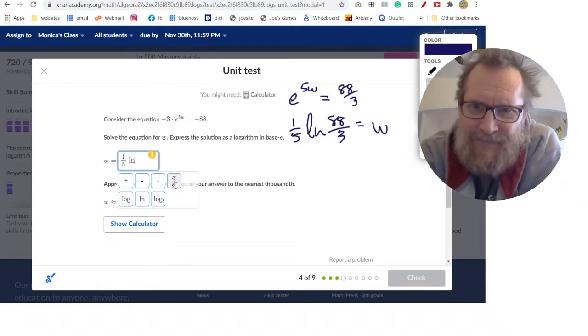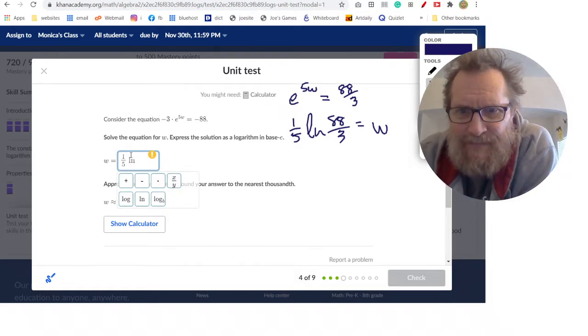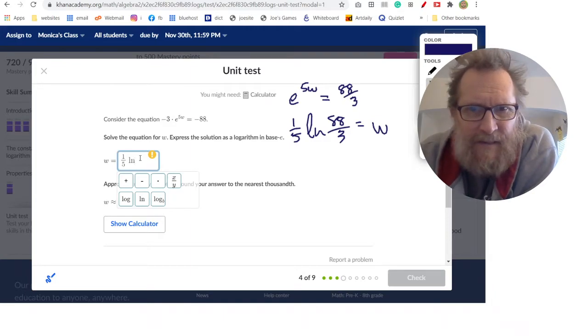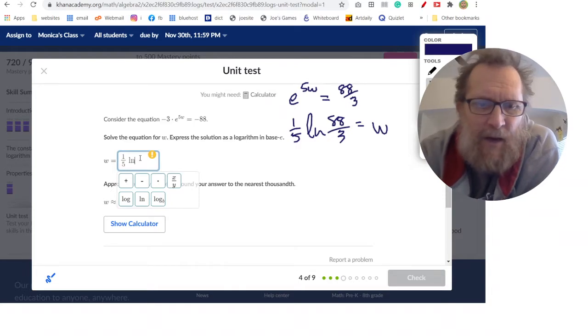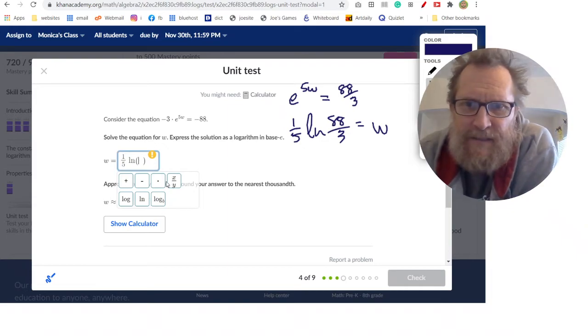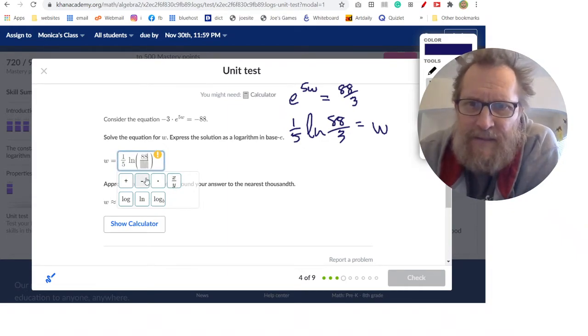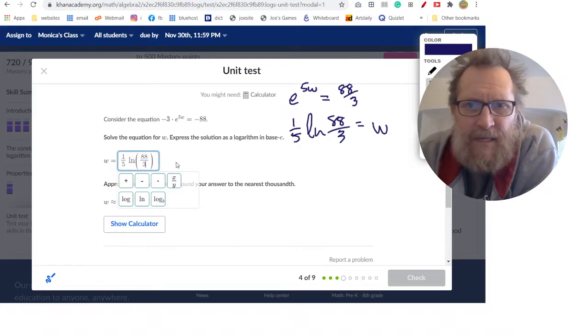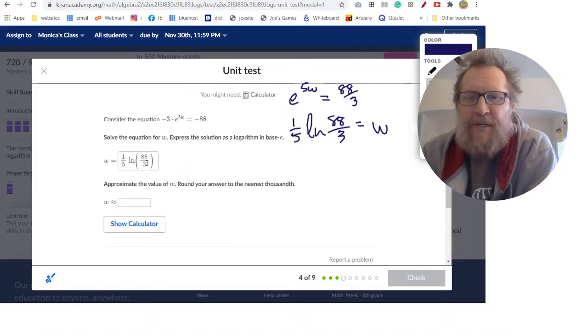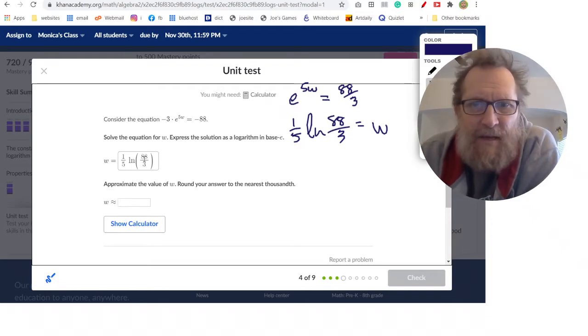Nope. Oh, maybe if I do that, there. 88 thirds. That's it, 1/5 natural log 88 thirds. Okay, once I got through the trick of typing that in, it was all right.